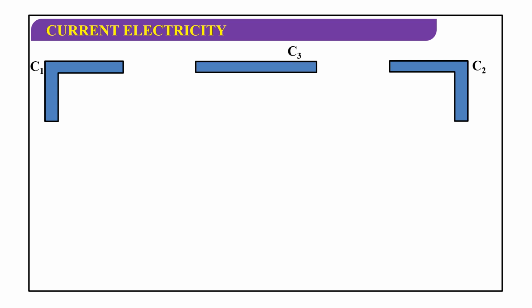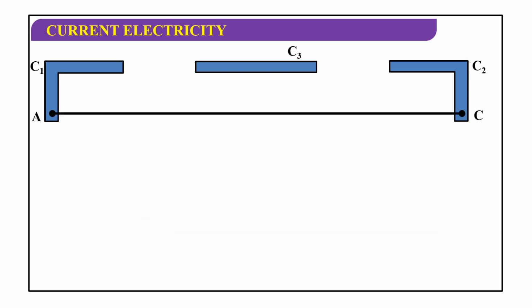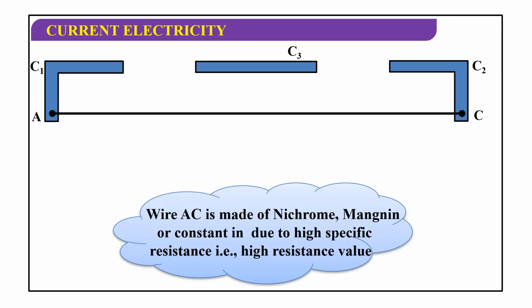See, C1, C2, C3 are metal strips used for low resistance. Now A and C is connected. So this wire is made of nichrome, manganese, or constantan due to high specific resistance.